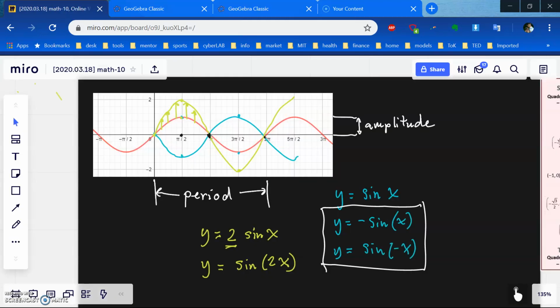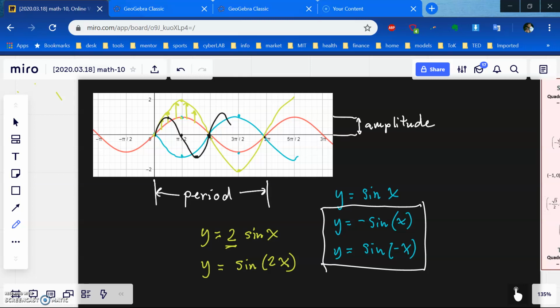I lost everything for a second there. All right. So that would be here. And again, if it was 3 pi over 2, then it would come to here. It'd be like this.